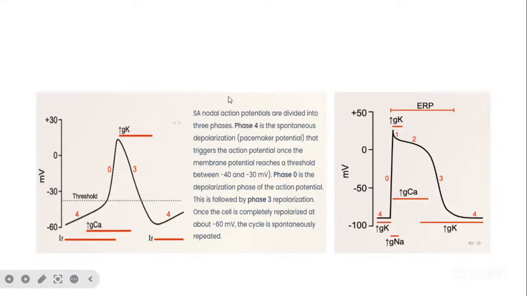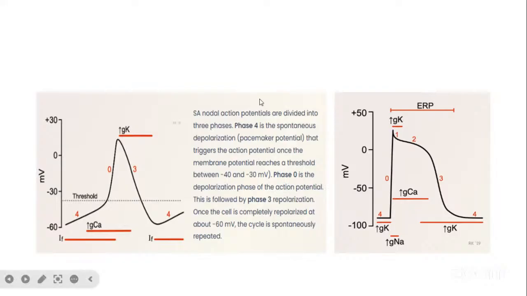And when you compare that SA node to other cells in the myocardium, in the AV node, you will see that other cells have a true resting potential. So this gives the SA node the ability to quickly depolarize, generate the impulse, and override other areas like the AV node.